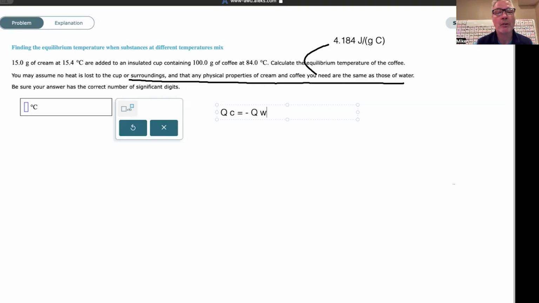So Q cream is negative Q water. That means I need MC delta T on both sides.